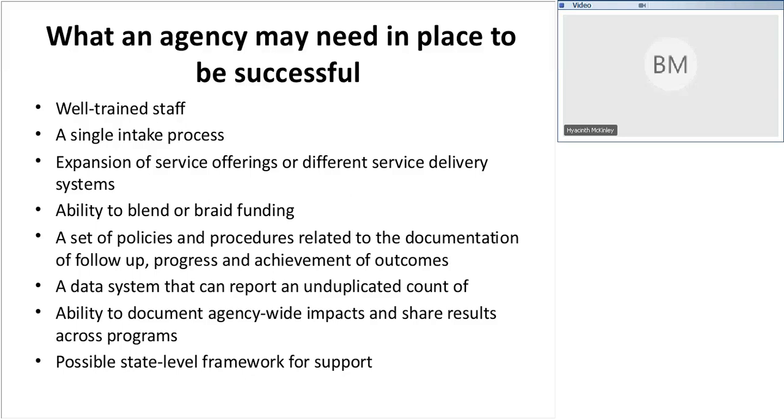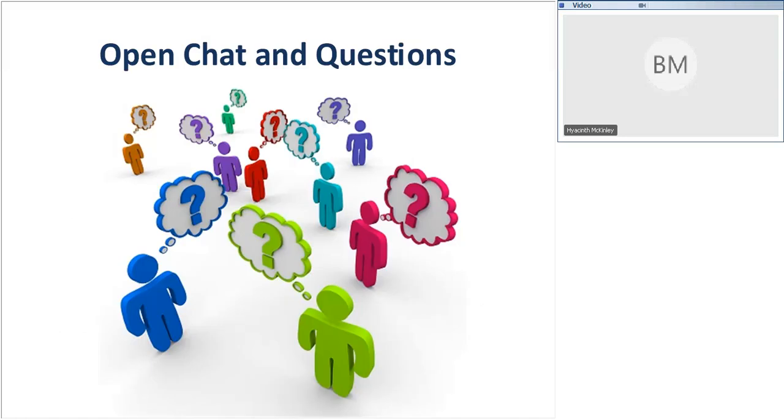And then we need to understand how individual agencies who want to do this kind of silo busting are going to fit into a state-level framework that could support this process. So that's the overview that I've prepared for you today.